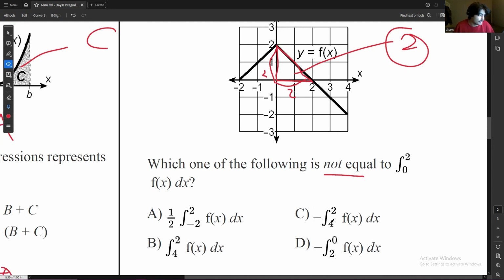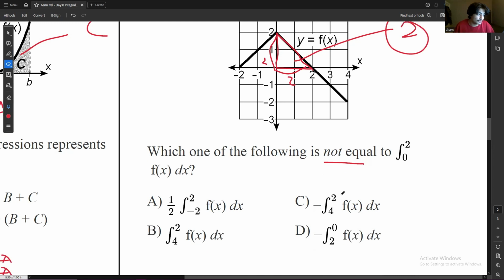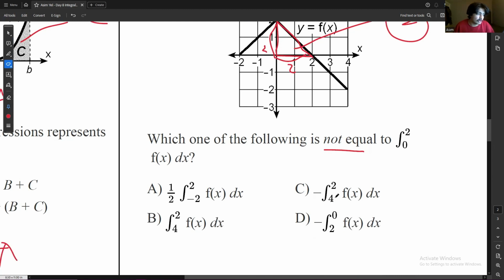Answer choice C. Negative, starting with 4 to 2. Guys, if you have a greater value at the bottom, just multiply this integral by negative and switch the numbers. So I will get negative times negative integral from 4 to 2, which means this is going to be a positive integral of f of x dx.